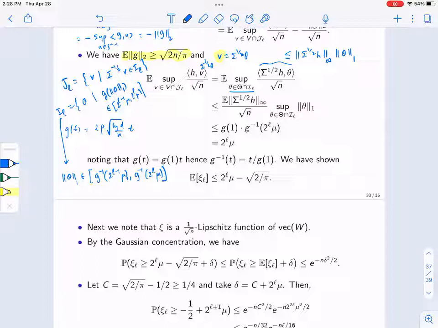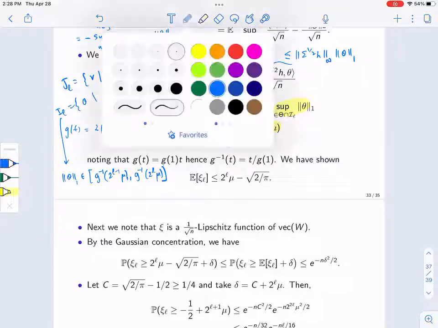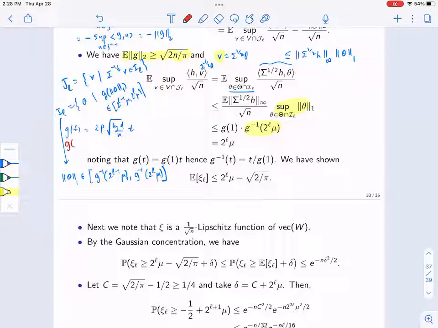And then what I'm doing is, is this part clear? That's bounding the supremum here by this. That's because of the construction over this shell. The L1 norm is bounded by G inverse of the endpoint of the interval. The first one I'm bounding by G1. G1 is just a convenient way of writing this quantity, 2 rho root log d over n.